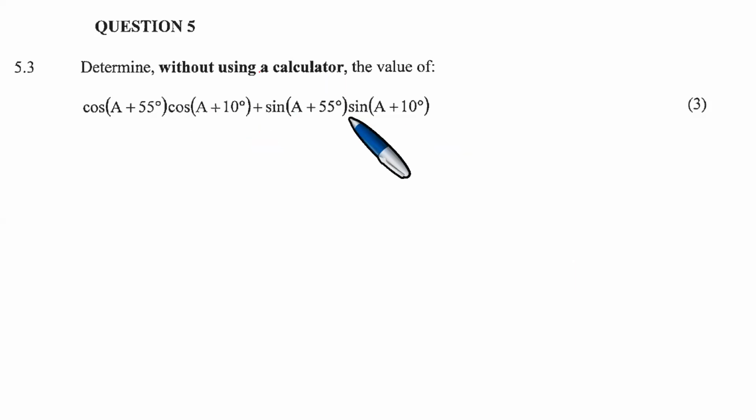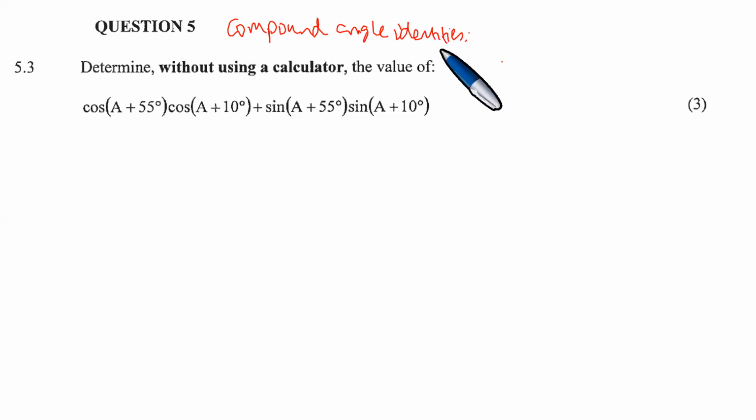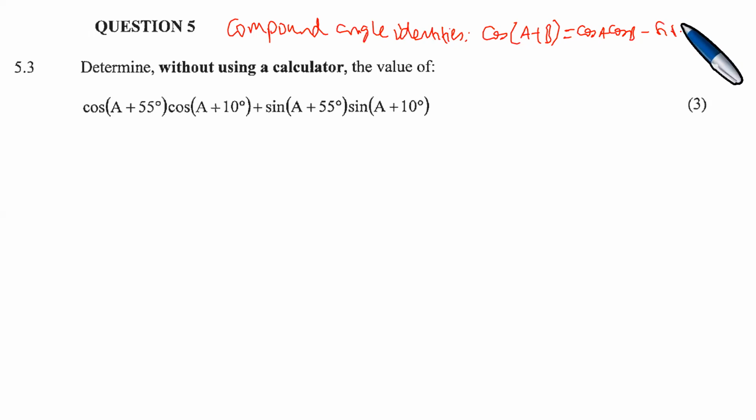These kinds of angles that we see here are called compound angle identities, which means if you have, for instance, the cosine of A plus B, it is actually cosine A cosine B minus sine A sine B. The cosine of A minus B is cosine A cosine B plus sine A sine B.